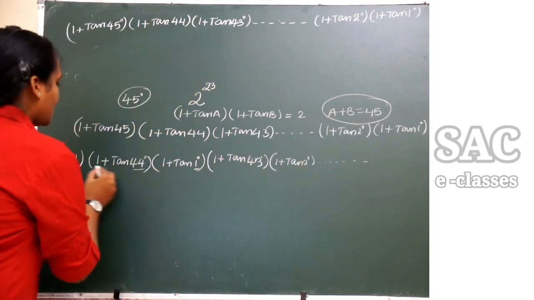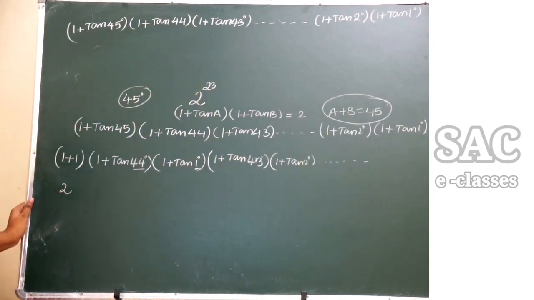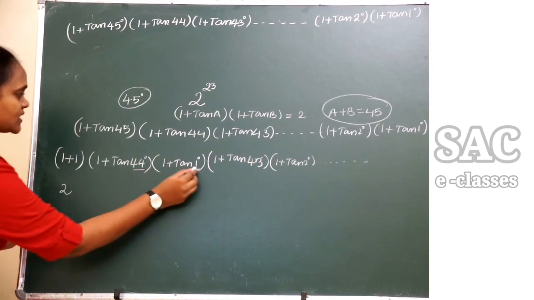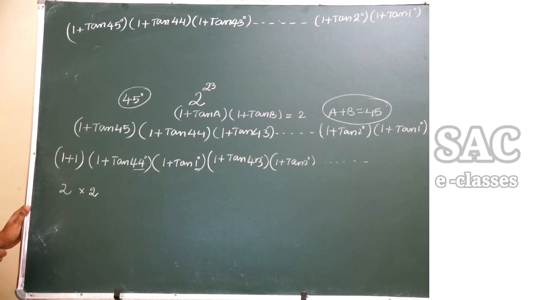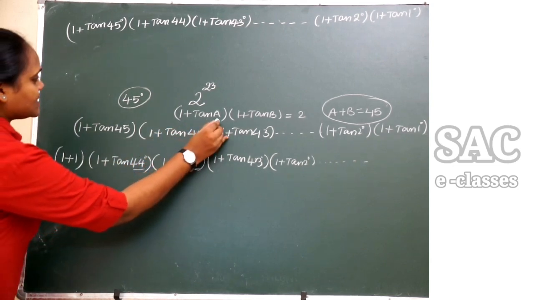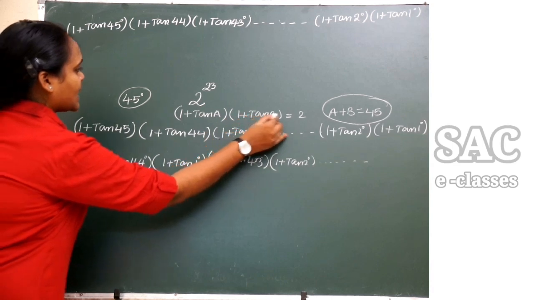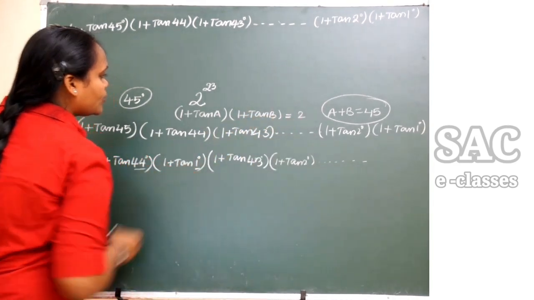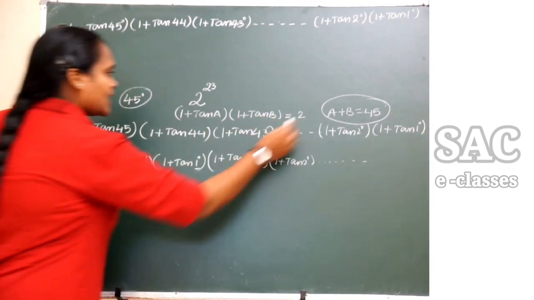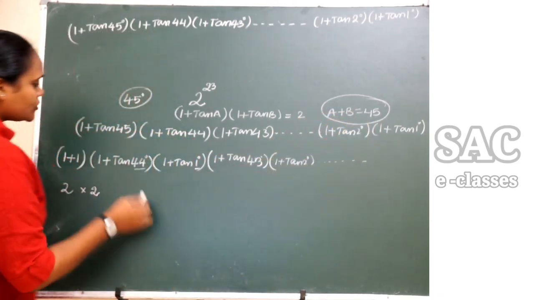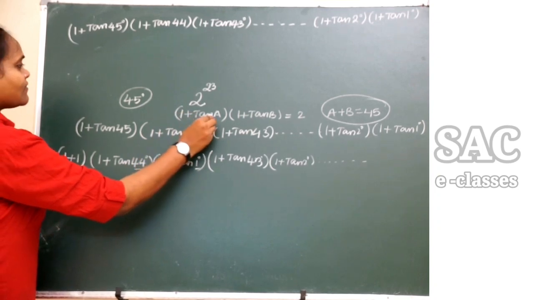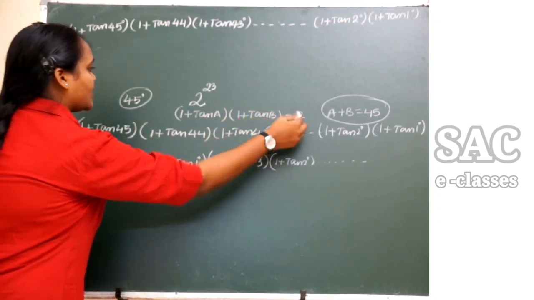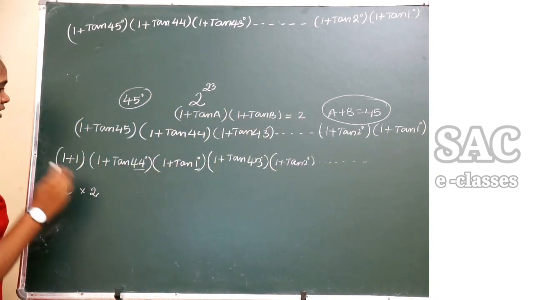So can I say (1 + tan 44°)(1 + tan 1°) is 2? Yes, we can. The reason is that (1 + tan A)(1 + tan B) is always 2 whenever A plus B equals 45. Since 44 plus 1 is 45, (1 + tan 44°)(1 + tan 1°) is 2. So here it is 2.